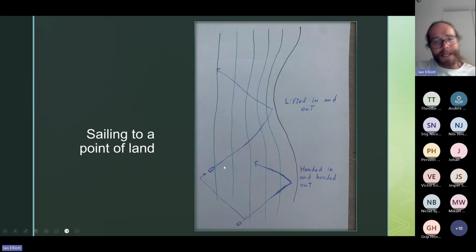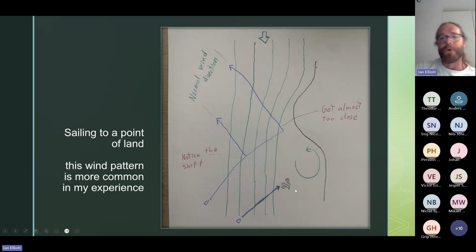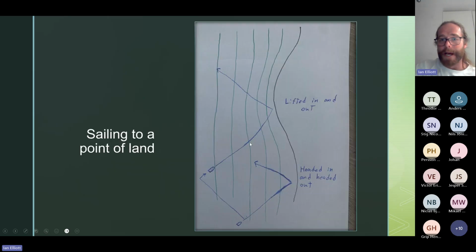But the reality that I find more often sailing in dinghy courses with maybe more dramatic features, or I'm not sure what it is, but what I see more often is something a bit more like this. You don't get lifted into the point.